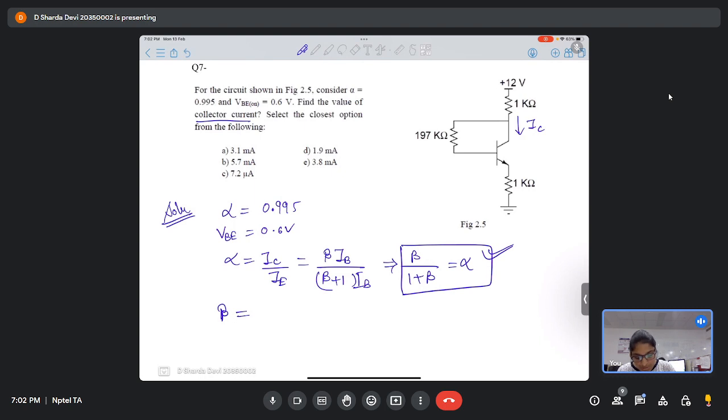Yes, ma'am. So now I want the value of beta in terms of alpha. Can you do that? We have to simply rearrange these two.